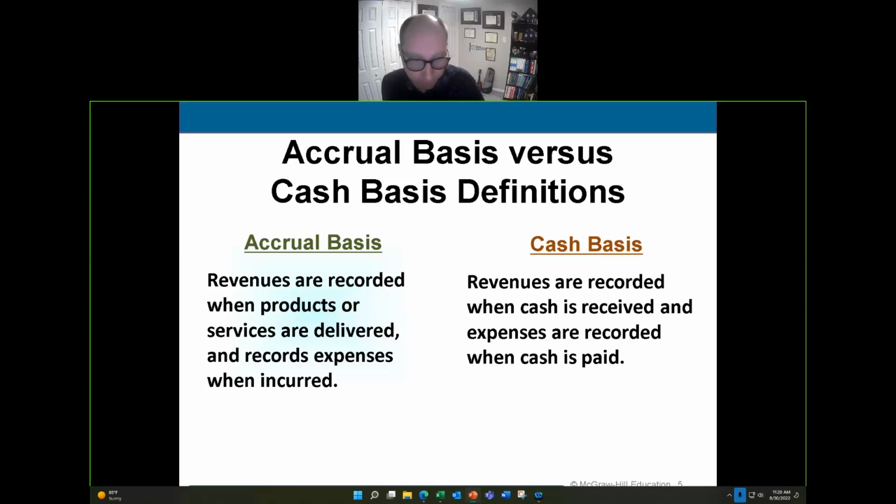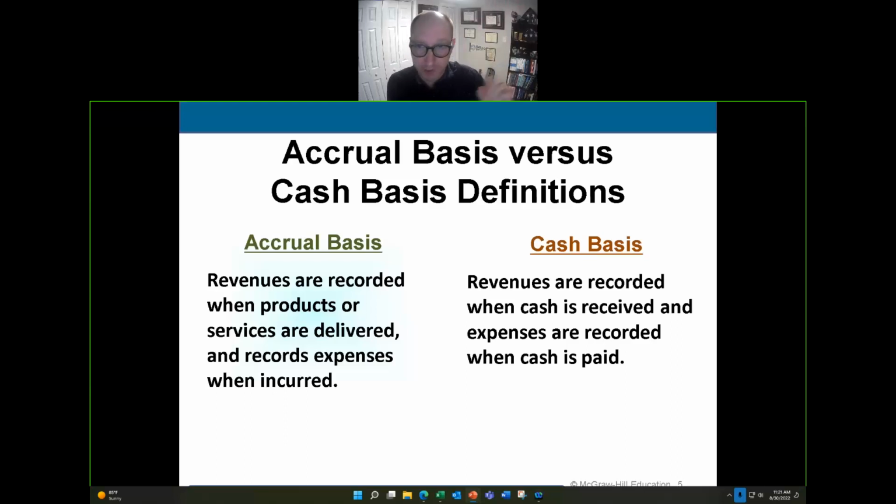Accounts receivable. Accounts payable is when I, the company, have received a bill for whatever, utilities, rent, whatever. I received the bill, but I have not yet paid it. That's called an accounts payable. I record the expense when it was incurred. Yep. But I have not yet paid it. I accrued the expense.